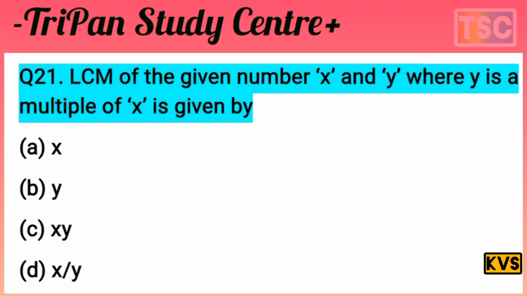The next question on your screen is important. The LCM of the given numbers x and y, where y is a multiple of x, is given by: option A, x; option B, y; option C, xy; and option D, x upon y.